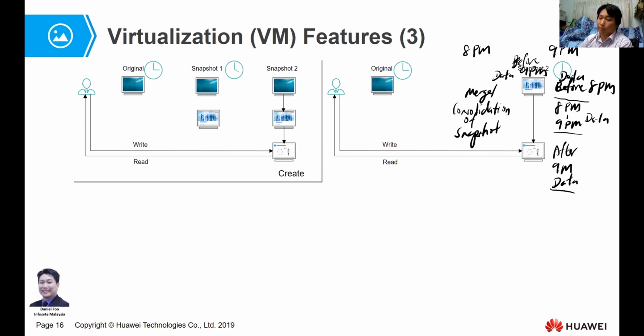Please remember that. If you have no idea what you're doing, just double check the status here. So you are merging, consolidating the changes to your original VHD, bringing the point in time up to before 9 p.m. This is what we call virtual machine snapshot deletion, also reflected as merging the data or consolidation of your snapshot.